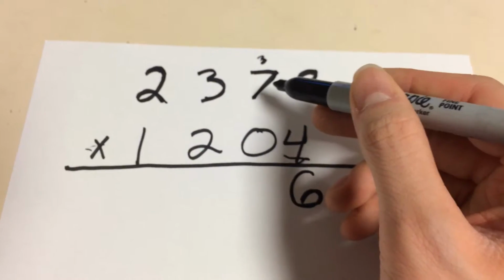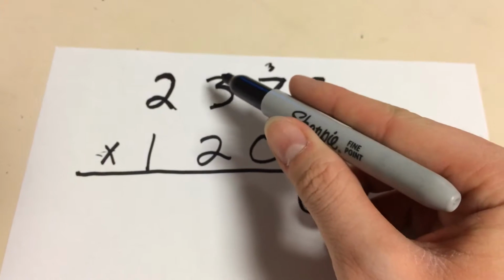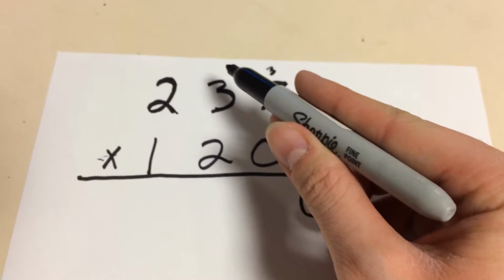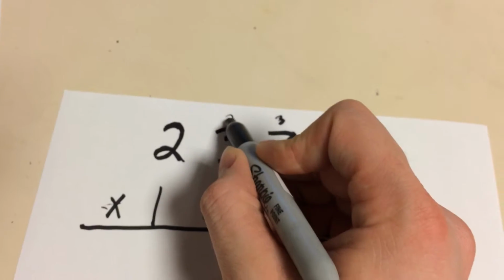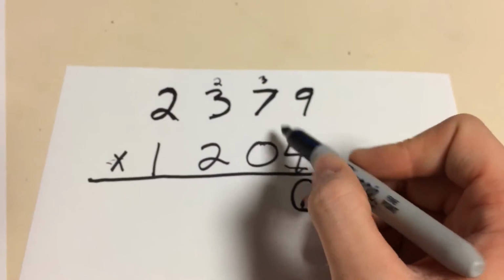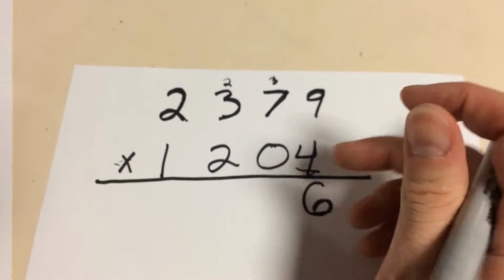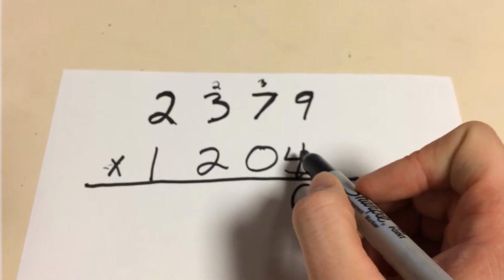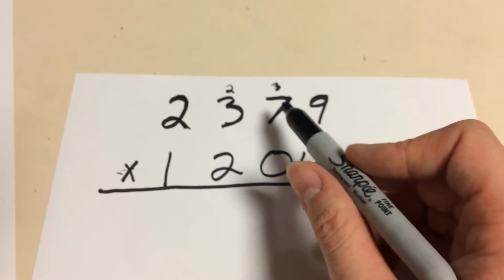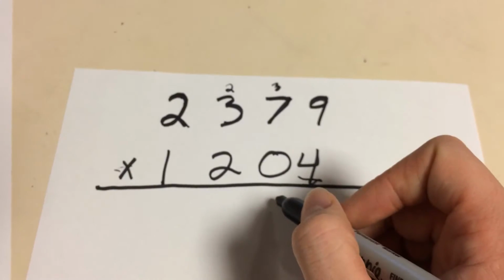And so we have 28 rods. Well, that means we're going to have 20 extra that will turn into 2 flats. So we'll write a 2, very small, above the 3 to indicate that we carried those 20 rods over. And then since we had those 8 left over, we're going to write it down here.